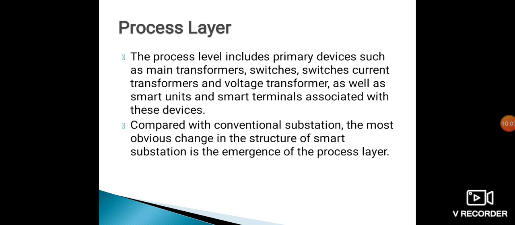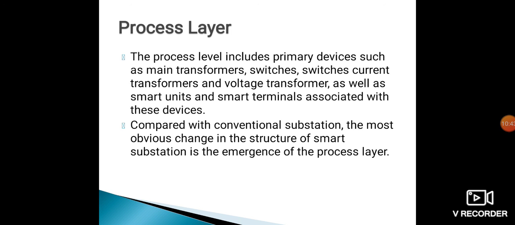Its main role is to assist and support the primary devices: electronic transformers, merging units, intelligent terminals, online monitoring devices, and related auxiliary equipments perform functions related to the primary equipments, such as collecting and sending real-time operating data, monitoring and managing equipments, and receiving and executing remote control commands. So the process layer plays a very important role in a smart substation.